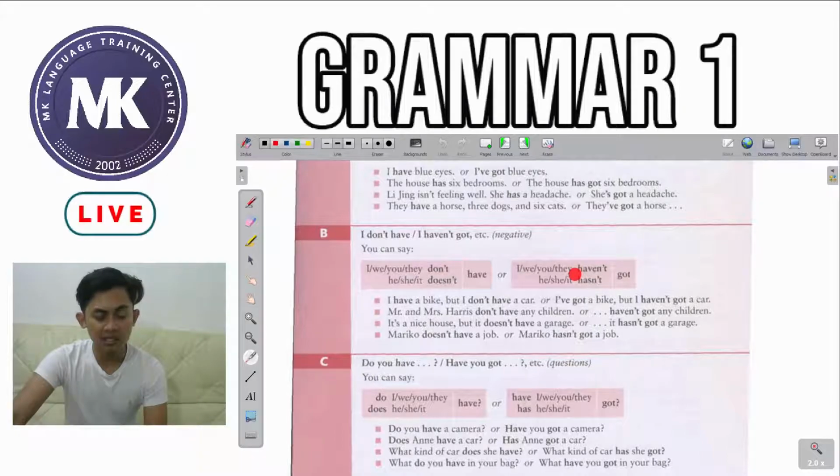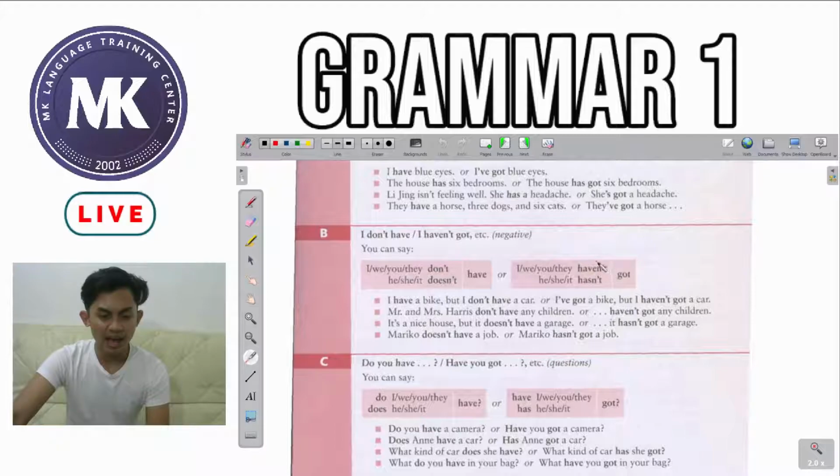To create the negative of have not as a contraction, we remove the O from not, replacing it with an apostrophe to form the word haven't. So, I, we, you, they haven't got. Okay? So, for the pronouns he, she, it, we must use hasn't.